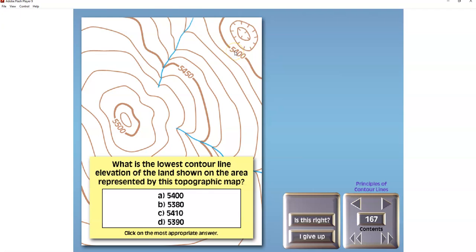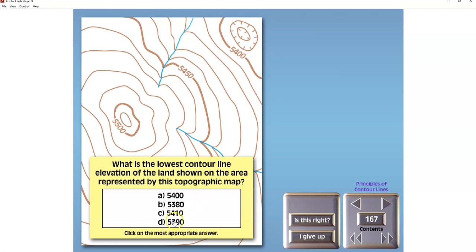Again, the general rule is this first depression line, you have 2 of them, see, 1, 2, is the same elevation as the last solid line. But in this case, you're just going straight downhill. You're not at the peak. So it repeats when you get to like the top of a volcano. That's different. In this case, we're going to go down slope. So if this is 5,450, let's say this is 5,440, 5,430, 5,420, 5,410, 5,400, this would be 5,390.